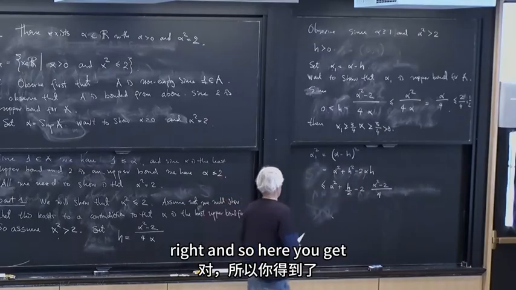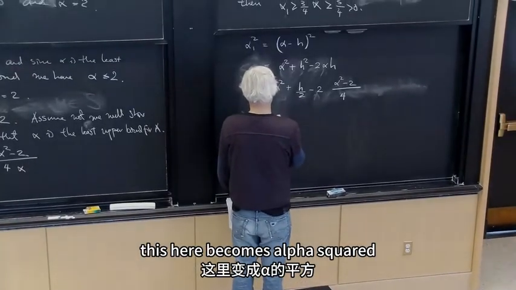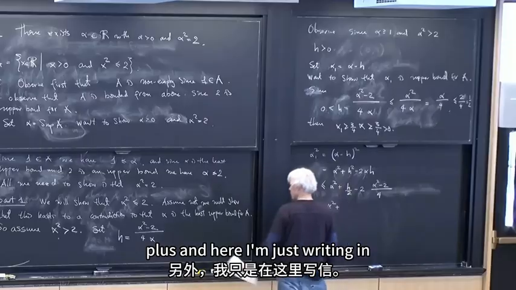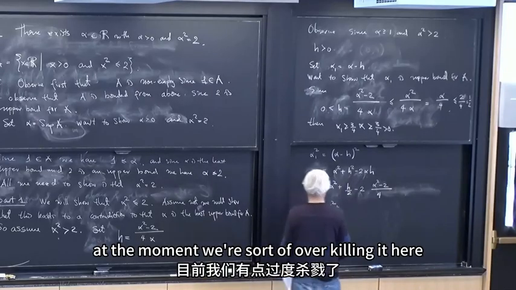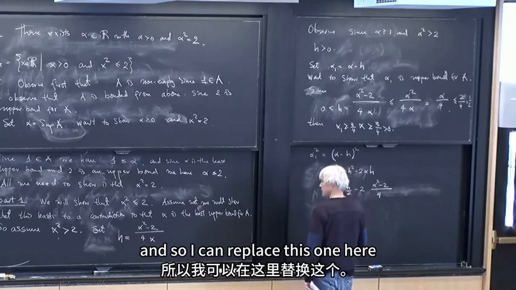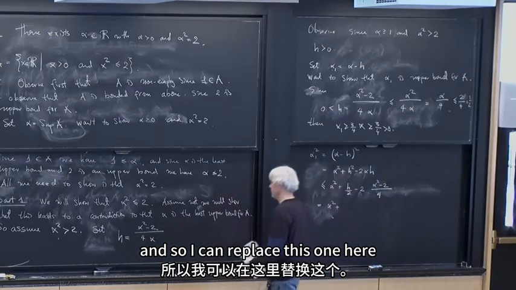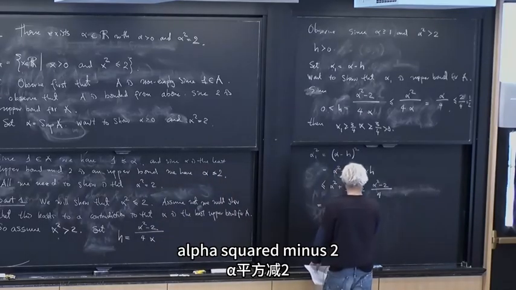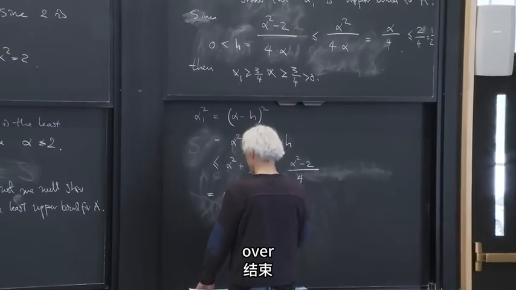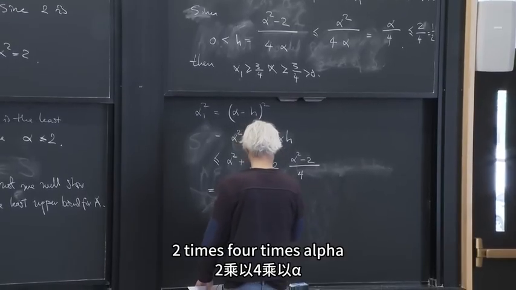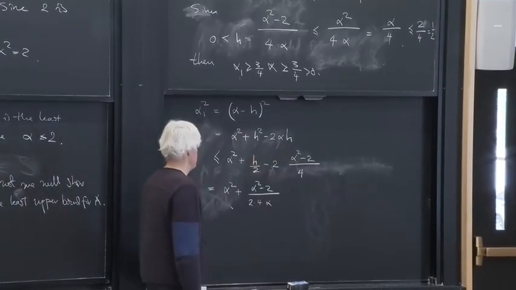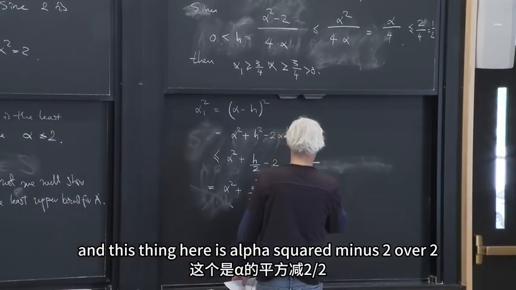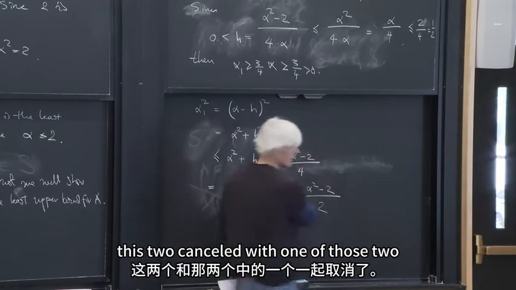So this becomes alpha squared plus, and at the moment we're sort of overkilling it here. So I can replace this one. Let me just write it in: alpha squared minus 2 over 2 times 4 times alpha. And this is alpha squared minus 2 over 2, since this 2 cancels with one of those 2.